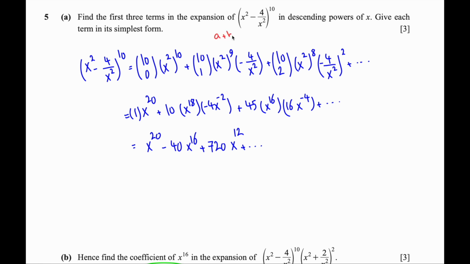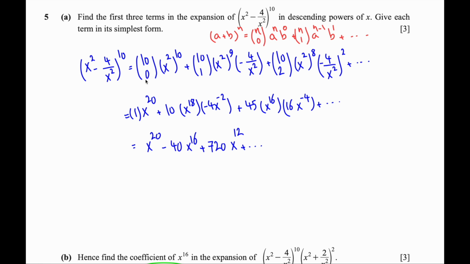So if you have (a plus b) to the power of n, the first thing you have to do is to find nC0 and then a to the power of n, b to the power of 0, plus nC1, a to the power of n minus 1, b to the power of 1, and then keep decreasing the power of a, the first term, by 1, and you keep increasing the power of the second term by 1 while you are manipulating this combination, the nCr.